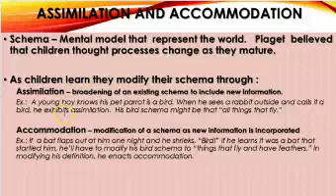An example: a young boy knows that his pet parrot is a bird. But when he sees a rabbit outside and calls it a bird, he exhibits assimilation. His bird schema might be all things that fly. And accommodation is modification of a schema as new information is learned.